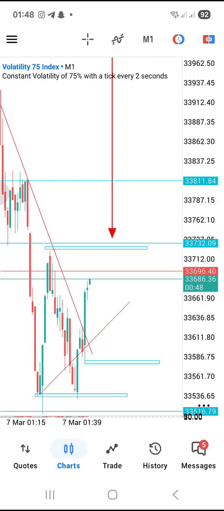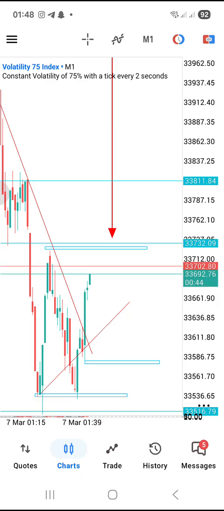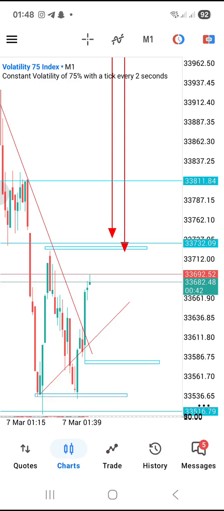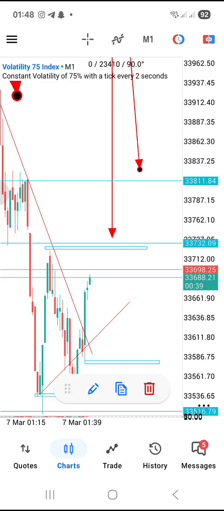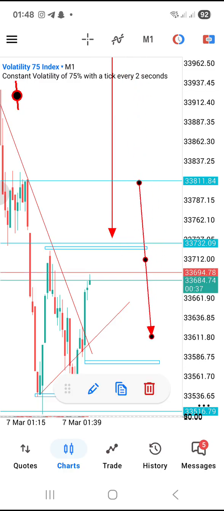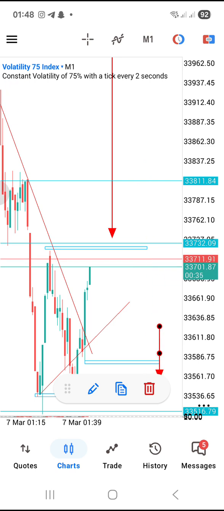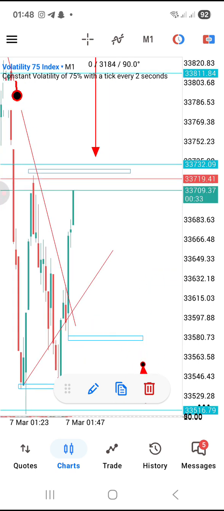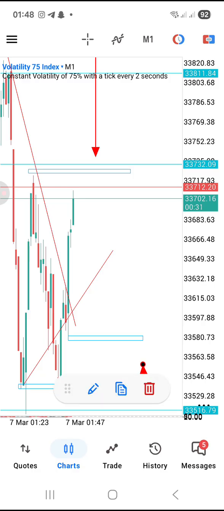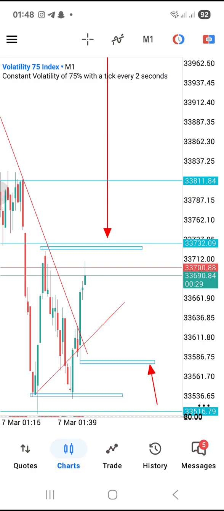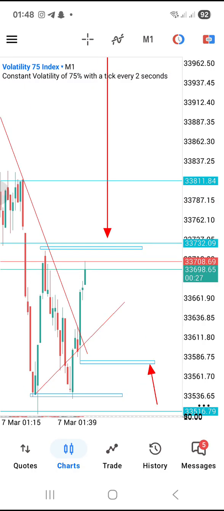If we get another 1 minute buy from this point, if we get another 1 minute buy higher than this point, take a buy.